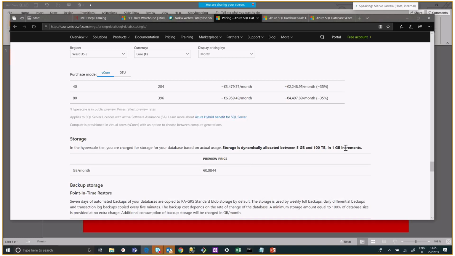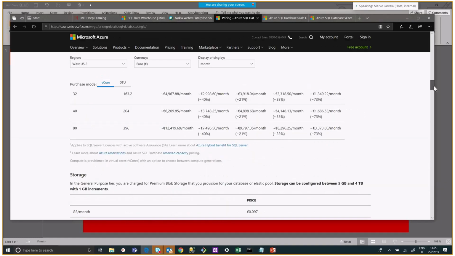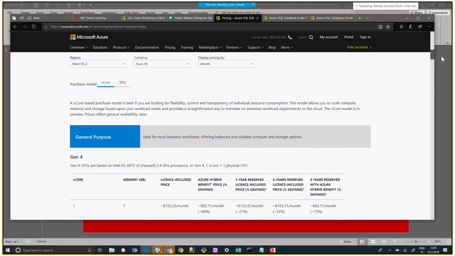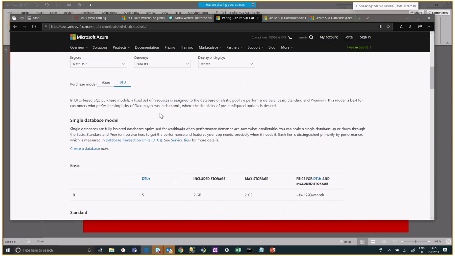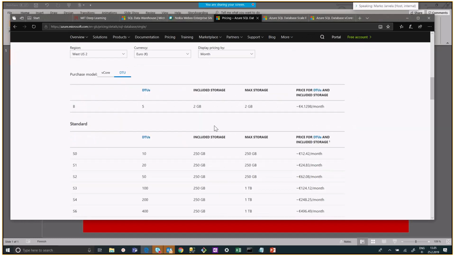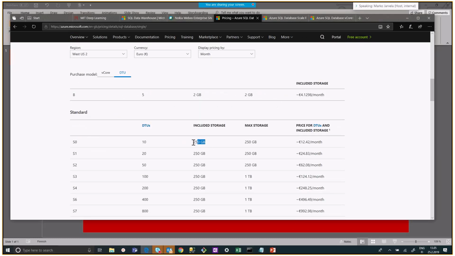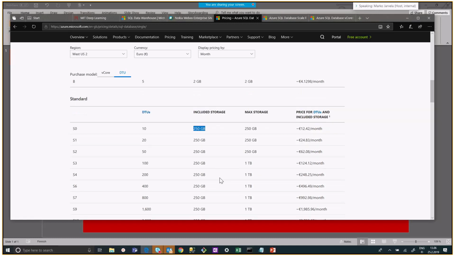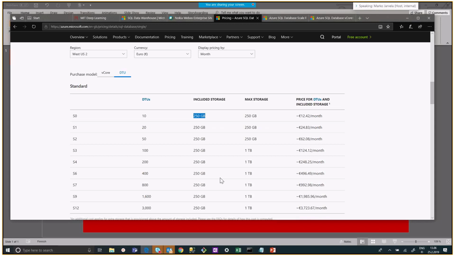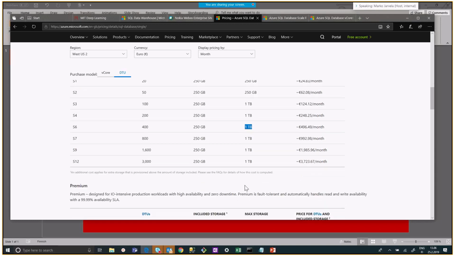From an offering point of view, I have a few customers who have been SQL database customers for many years, and in those times we only had the DTU purchasing model. That meant that when we began, we were already at the 250 gigabyte size, and on the other hand, we were constrained by the max size.